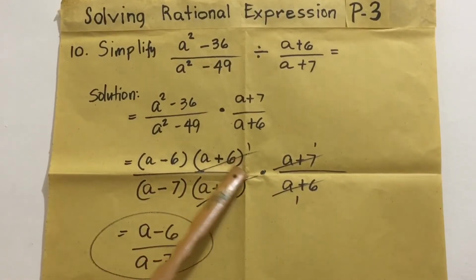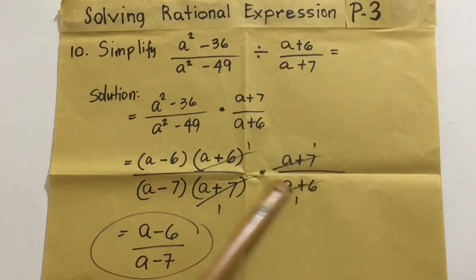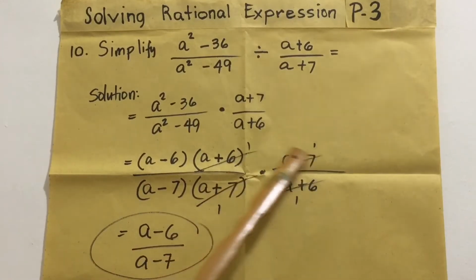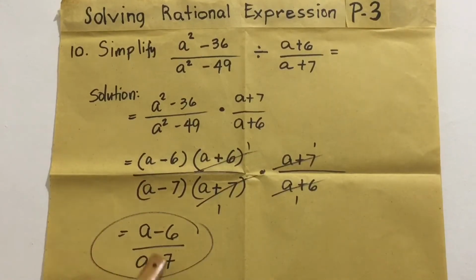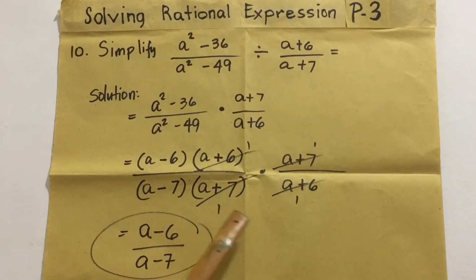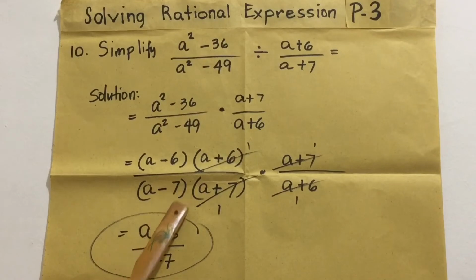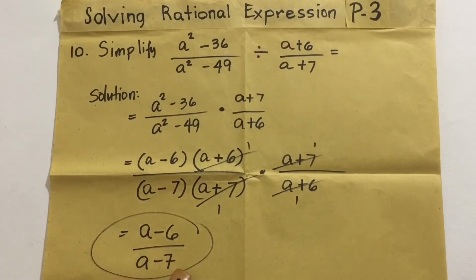Then a plus 6 is also the same as a plus 6, so we cancel and put 1. Then our next step is to multiply. 1 times 1 equals 1, times a negative 6 equals a negative 6, over 1 times 1 times a negative 7, so we have a negative 7. So our final answer is a minus 6 over a minus 7.